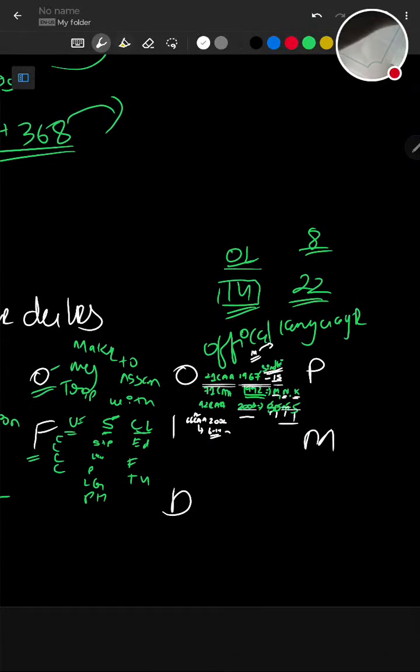Now going on ahead, which is L. L is for zamindari, land reform.